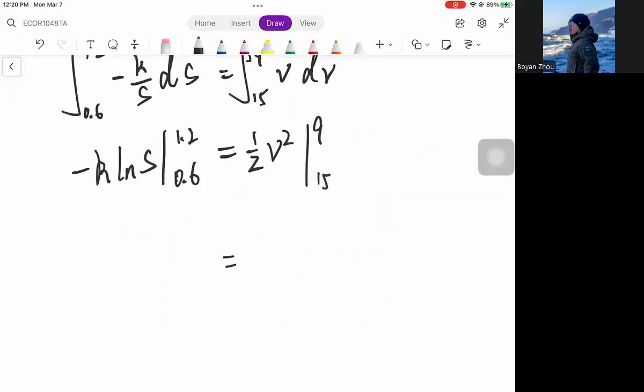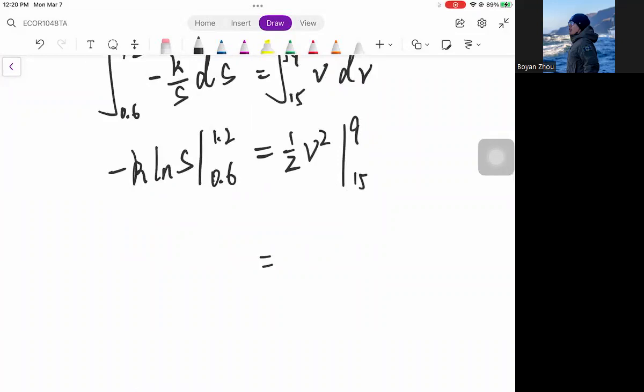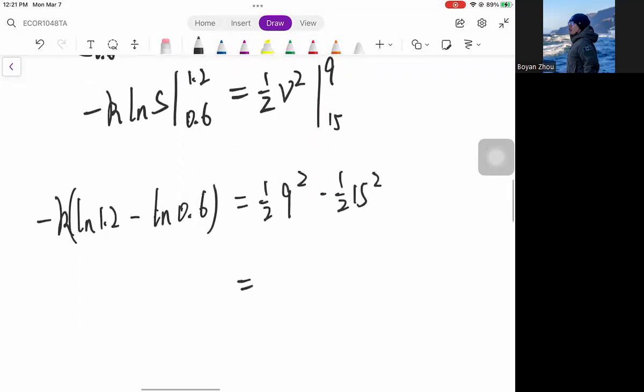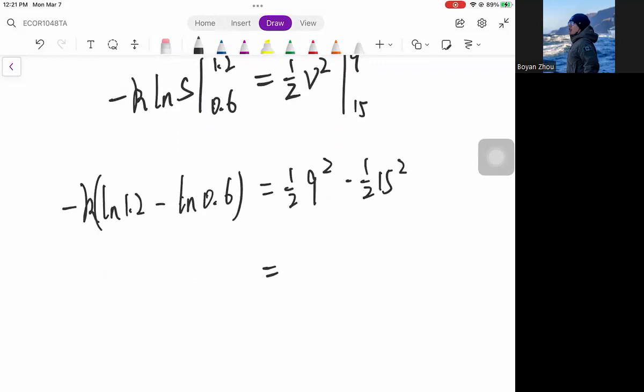Okay, so I'm just going to plug in the values and solve this equation. On the left hand side is negative k times log 1.2 minus log 0.6. And on the right hand side, that is going to be half 9 squared minus half 15 squared. Let me see.